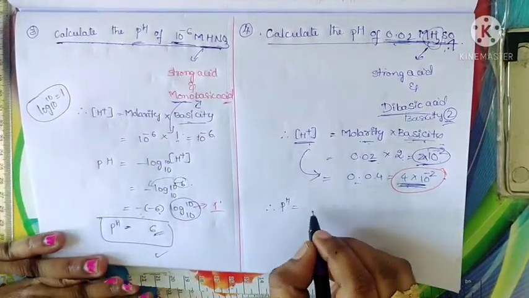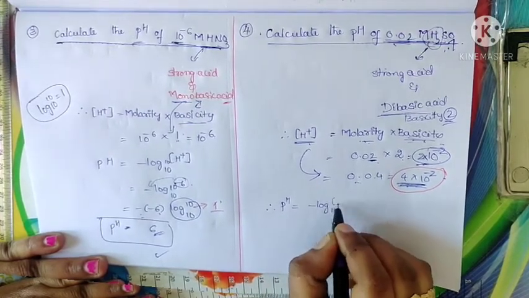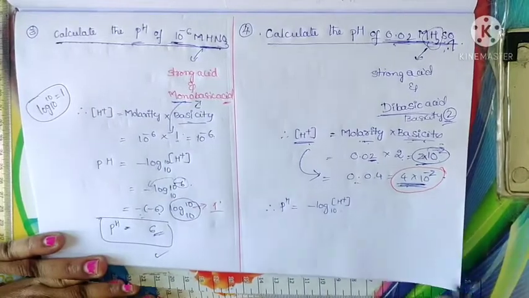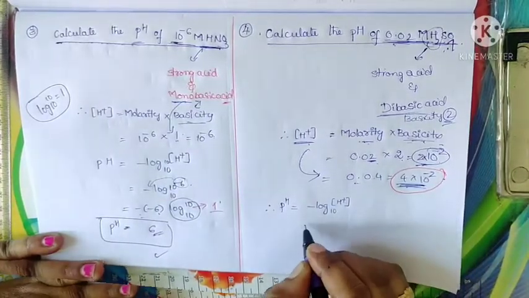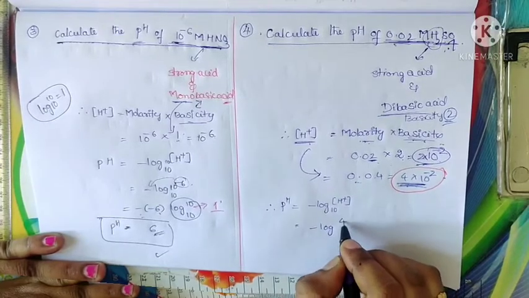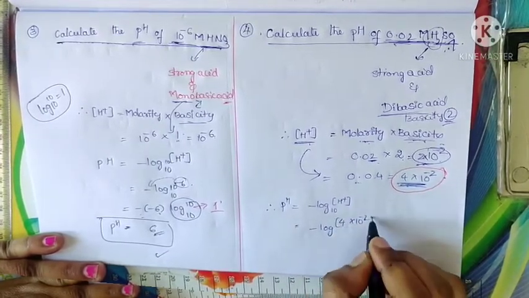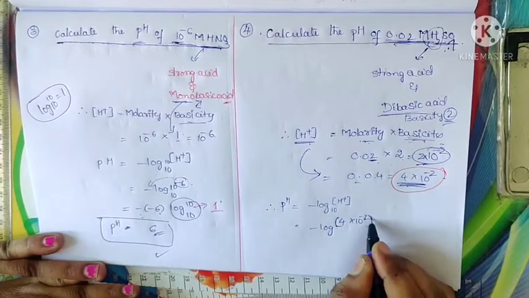Now we are calculating the pH of 0.02 molar H2SO4. The pH formula is minus log of the concentration of H plus. The concentration of H plus is 4 into 10 power minus 2 and base 10.